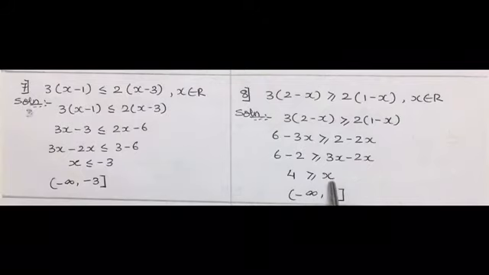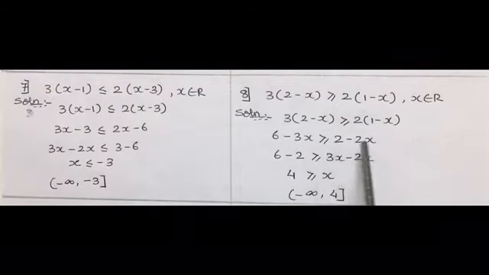So x is lying towards the left hand side of 4, which consists of all the negative values till 4. 4 is to be taken up as the equality sign is there. Now whenever we are shifting terms to either side, we make sure that the coefficient of x remains positive.